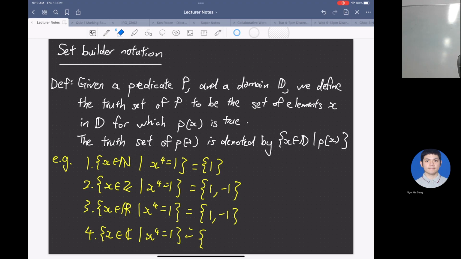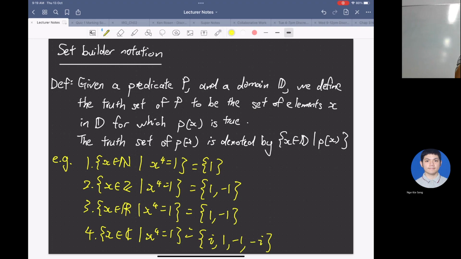What do you have? i. Okay. What else? Square root of 1? Square root of 1 is 1, right? Anything else? Minus 1? Minus what? Minus i. Okay.